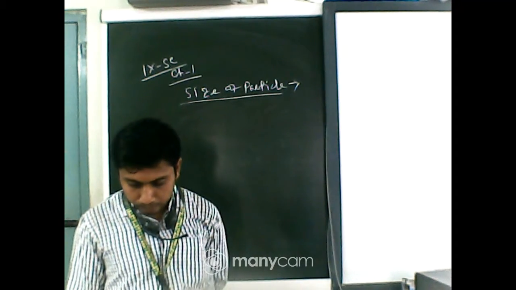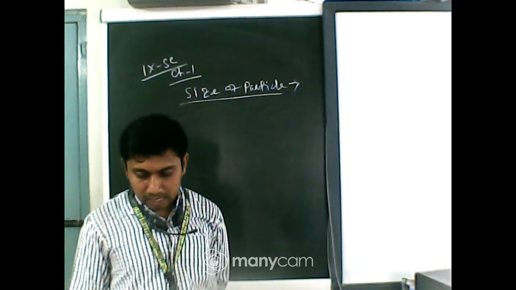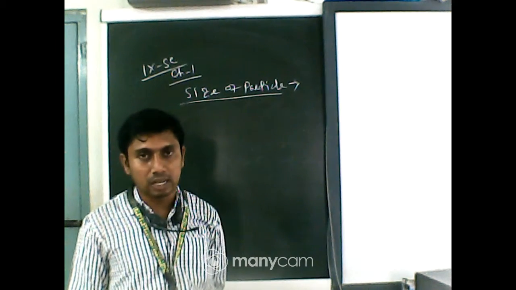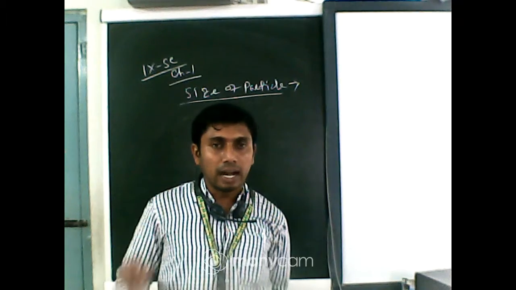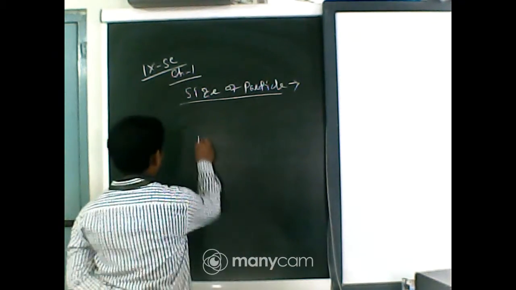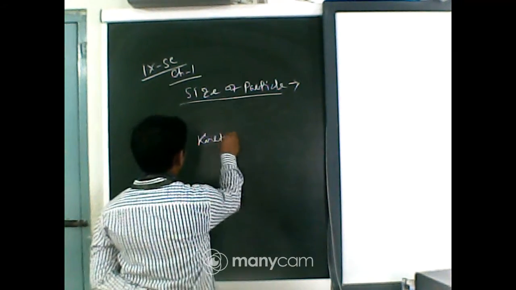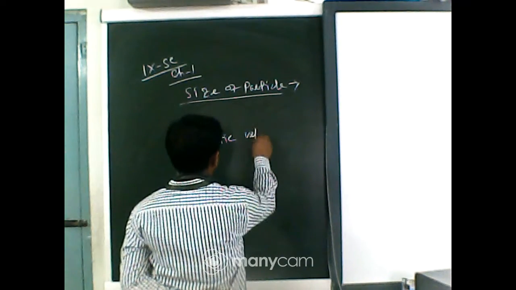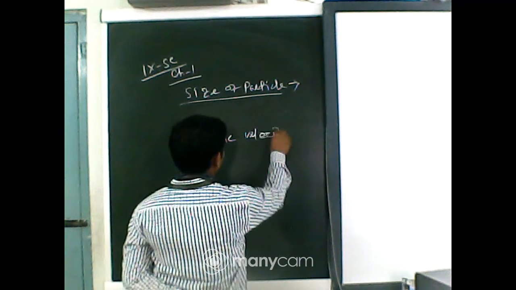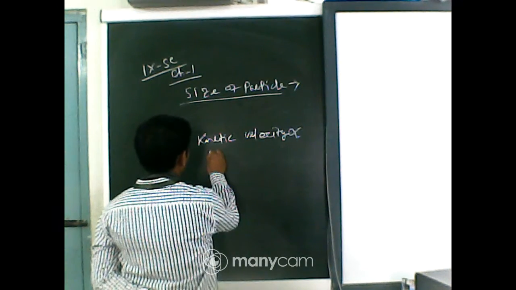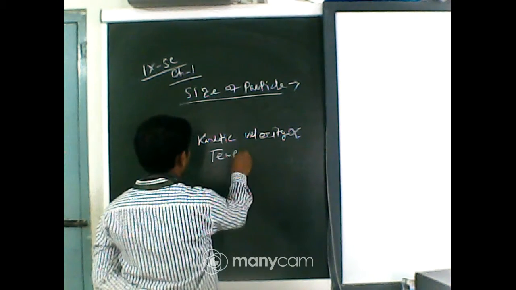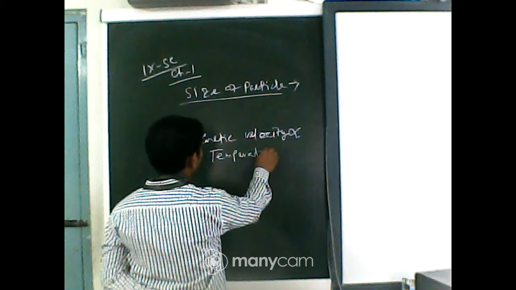Next one, as the temperature rises, particles move faster. Why do particles move faster? Because the kinetic energy is proportional to temperature.